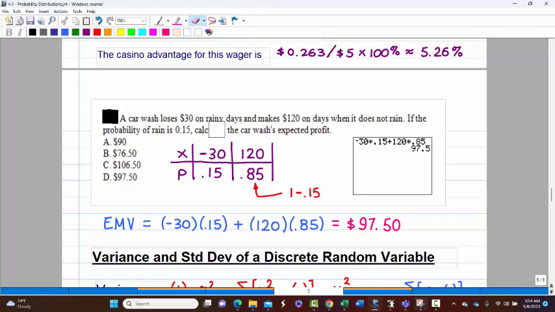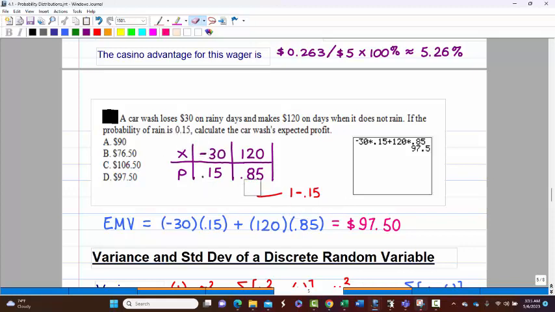Now notice it only gives us one probability here. That's the key: if there are only two outcomes, it only has to give us one. If there were 3 or more outcomes, you couldn't get by with just one. But remember the idea of a complement that we've learned before. If the probability of rain is 0.15, then the probability of not rain is 1 minus 0.15, or 0.85.